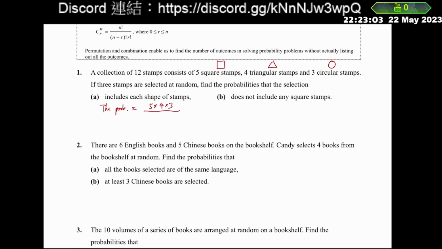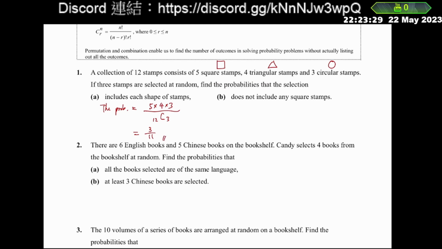While the denominator will be the 12 stems, and then we choose any 3 of them, therefore 12C3. And then that will be the answer, 5 times 4 times 3 over 12C3, which, changing it back to a fraction, is 3 over 11. Okay, so this is how we do part A.